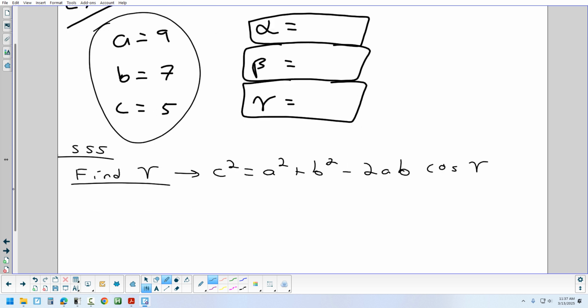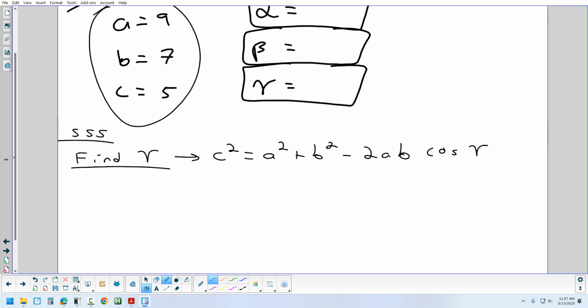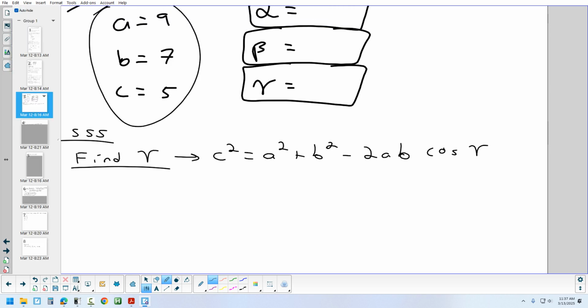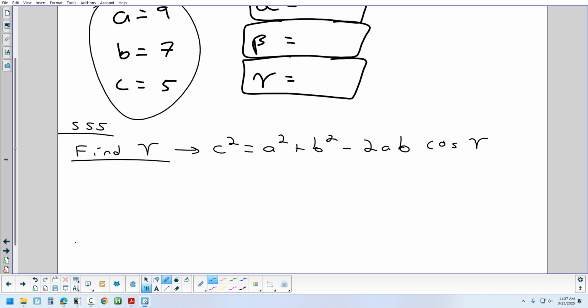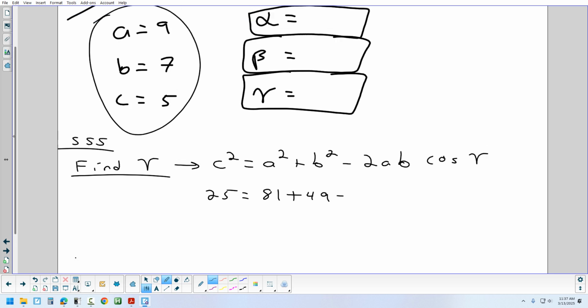All right, so let's try that. What is c squared? 25. A squared? 81. And b squared? 49. And 2 times a times b.